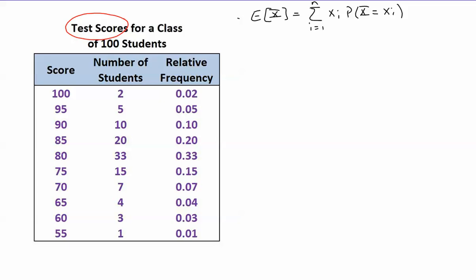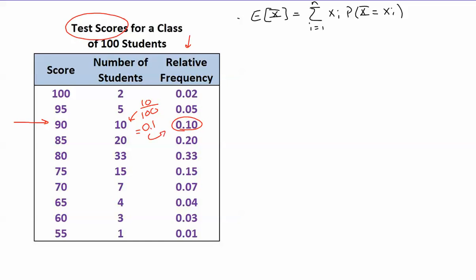I've got a table over here of relative frequencies. For example, the relative frequency for students who made a 90% on the test is 10%. The way I get that is 10 students out of the 100 who took the test, which equals a relative frequency of 0.1.